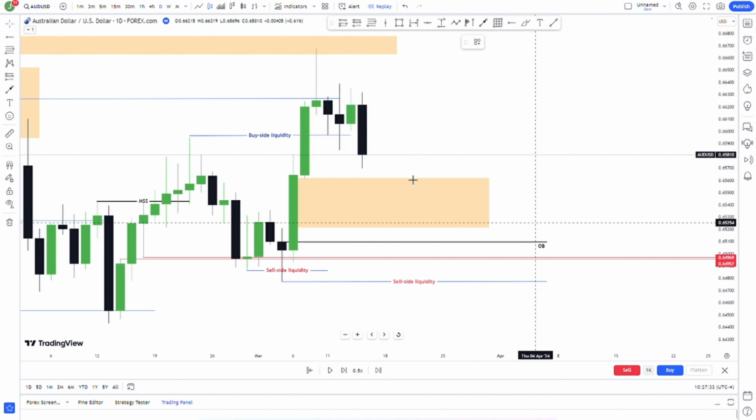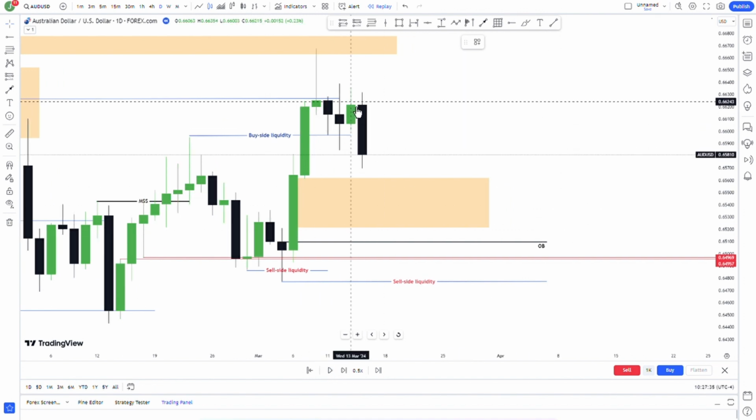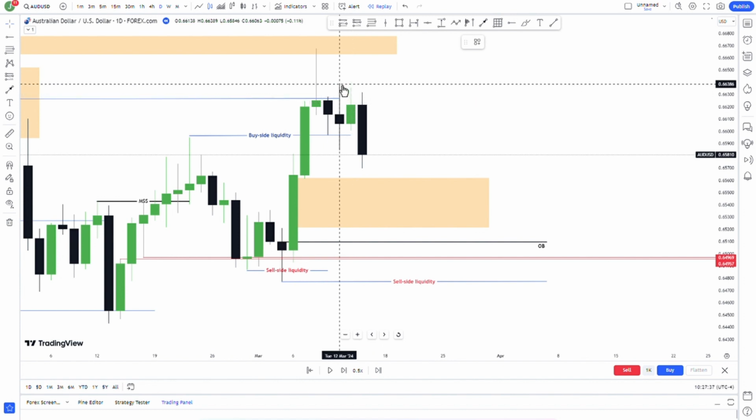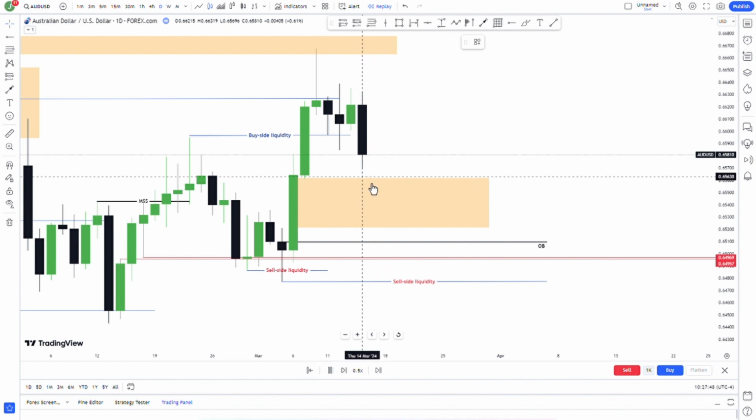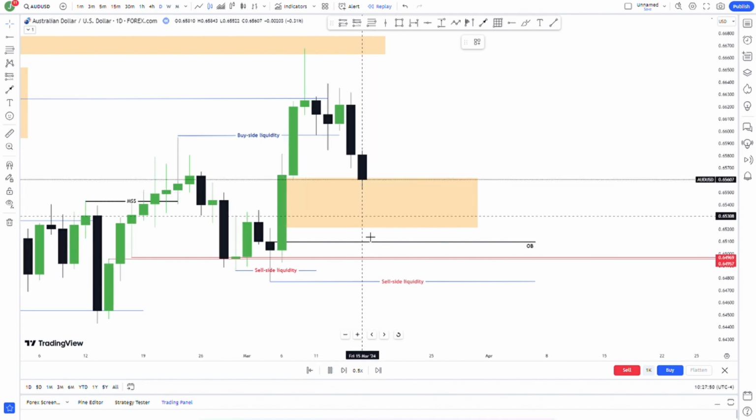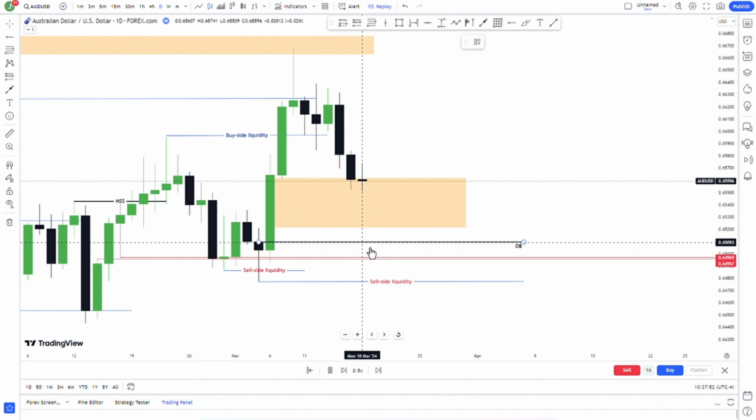Wednesday gave us a lower high compared to Tuesday, therefore Tuesday gave us the high of the week, a Tuesday high of the week weekly profile, right? Our target would be here and ultimately this order block down here.